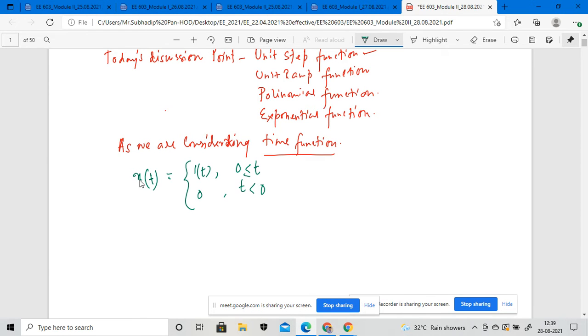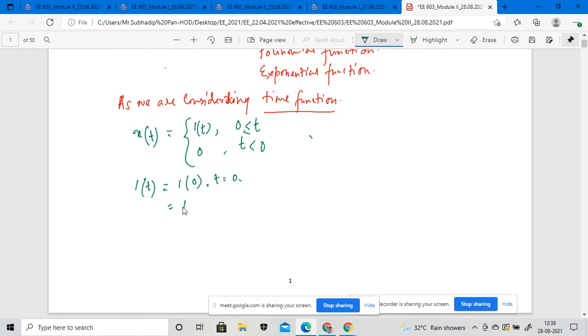In case of sampling a unit step function, we assume that the function is continuous from the right. That means if 1 of t equals 1 of 0, that is t equal to 0, then 1 of 0 should be 1. Then what will be my Z transformation?